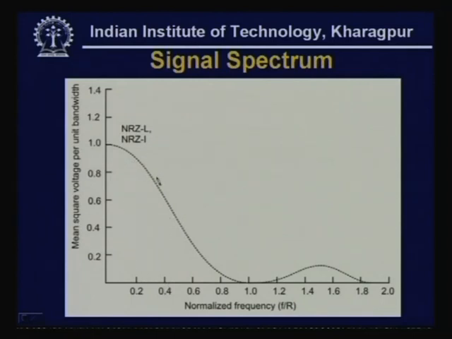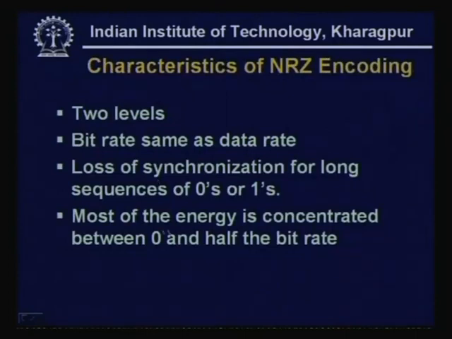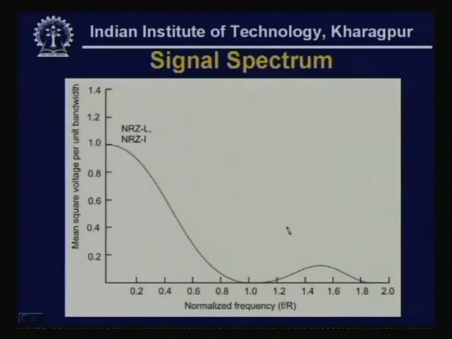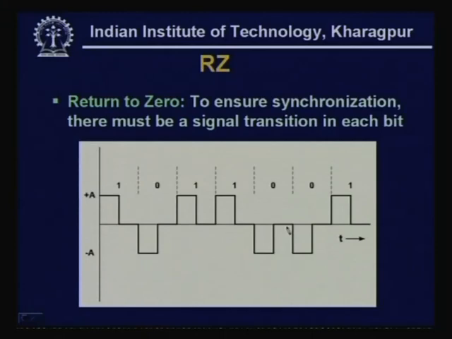So, most of the energy is concentrated between 0 and half the bit rate. This is the characteristic of the NRZ spectrum, for both NRZ-L and NRZ-I. Synchronization has been found to be a major concern in the two schemes that we have discussed.